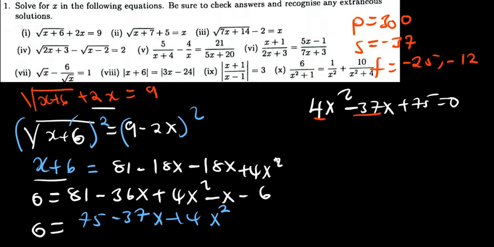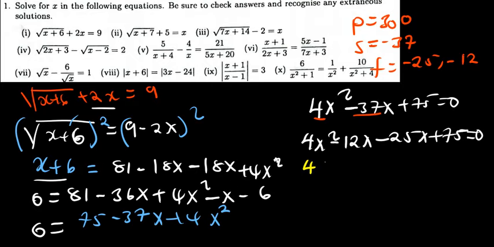That would mean I'm going to have 4x squared minus 12x minus 25x plus 75 is equal to 0. Now I can factor out 4x from the first two terms: 4x, open brackets, x minus 3, since 12 divided by 4 is 3.